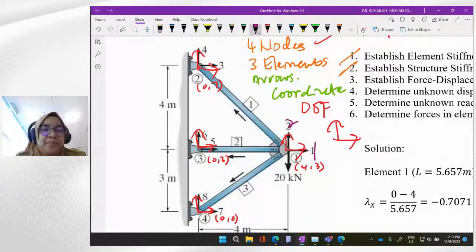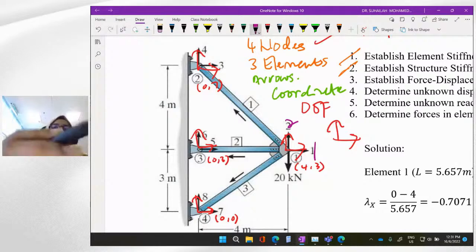And node number 2, node number 3, and node number 4, due to support, have no movement. At support there are unknown reactions. So there are 6 degree of freedom in constraint system.